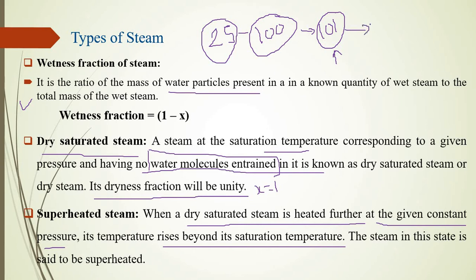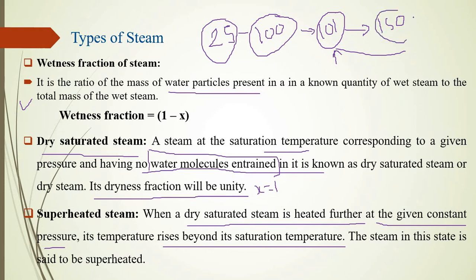The saturated temperature range covers 100 to 150 centigrade, because some impure water does not boil at 100 centigrade and is not converted 100% into steam; it takes more temperature, so 100 to 150 centigrade is known as the saturated temperature.